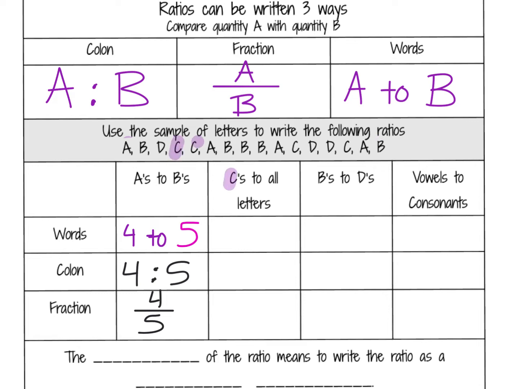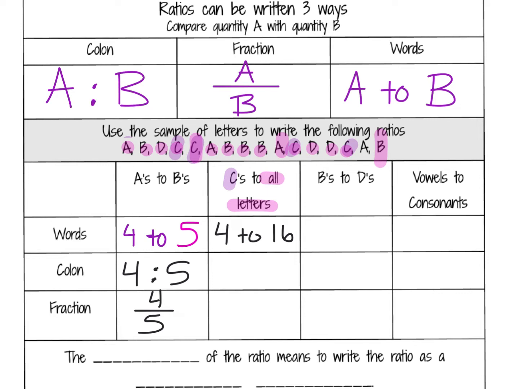So there's 1, 2, 3, 4 C's, and then it asks me the second one to count the total number of letters in that list. There's 1, 2, 3, 4, 5, 6, 7, 8, 9, 10, 11, 12, 13, 14, 15, 16.